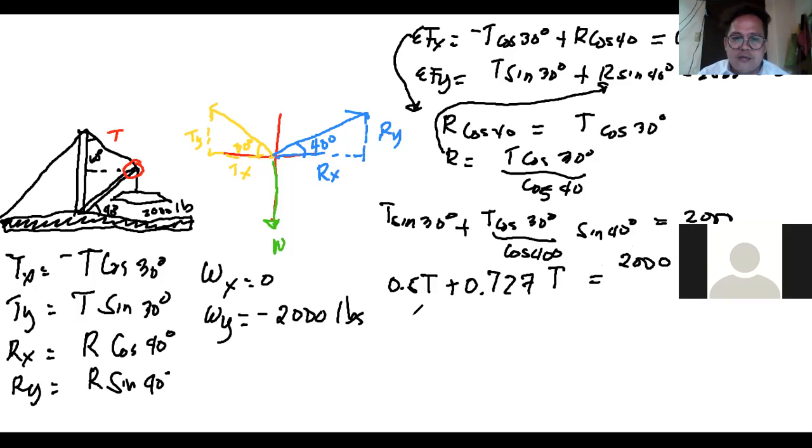So let's add 0.5 and 0.727. That's 1.227 T, which is equal to 2,000.